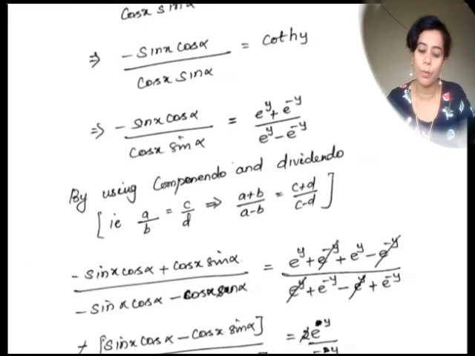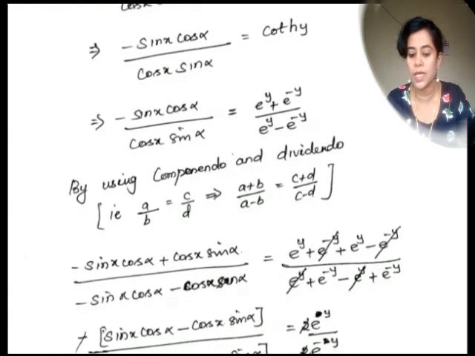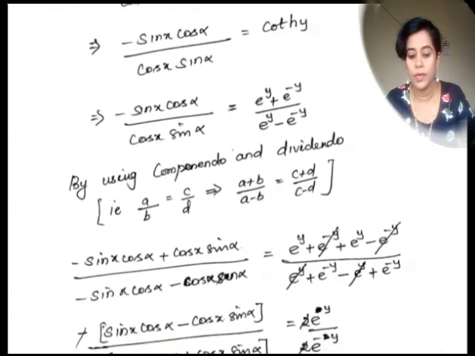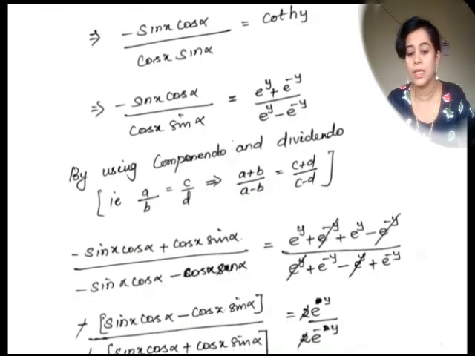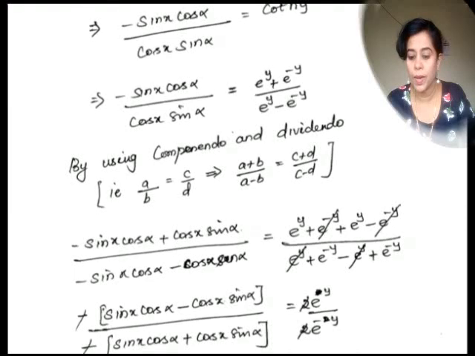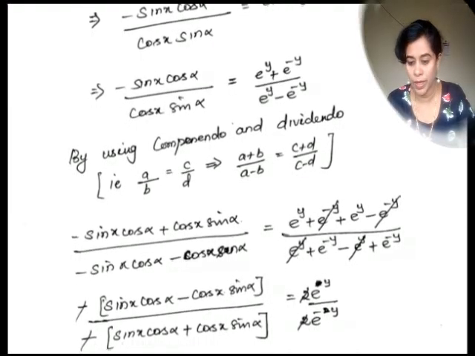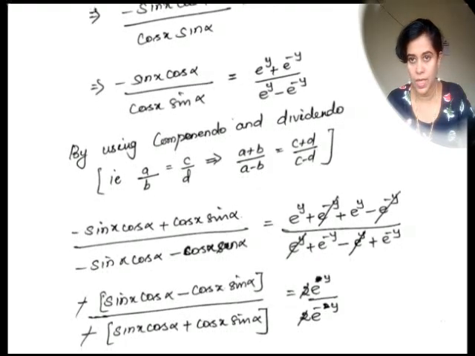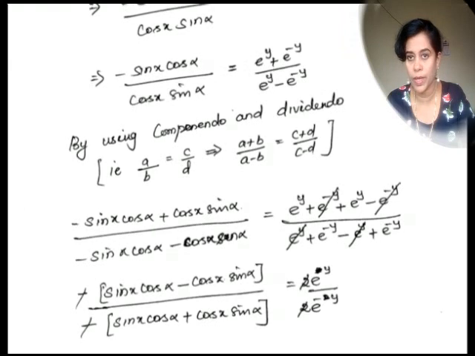Applying the componendo dividendo rule in the above equation, we are getting minus sin x cos alpha plus cos x sin alpha divided by minus sin x cos alpha minus cos x sin alpha equal to, the same thing, e power y plus e power minus y plus e power y minus e power minus y divided by e power y plus e power minus y minus of e power y minus e power minus y.